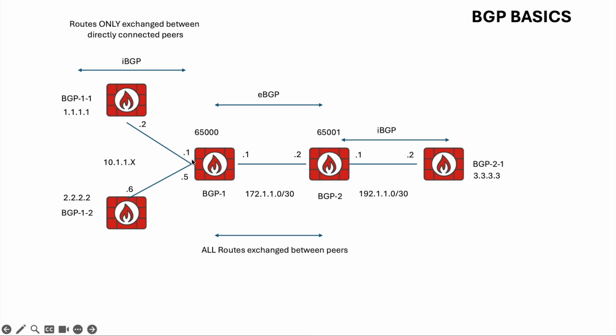Now that's very important. So here, for example, where I have these three devices connected, I have a loopback on BGP1-1 and on BGP1-2. BGP1-1 will send this loopback address as a route information update to BGP1.